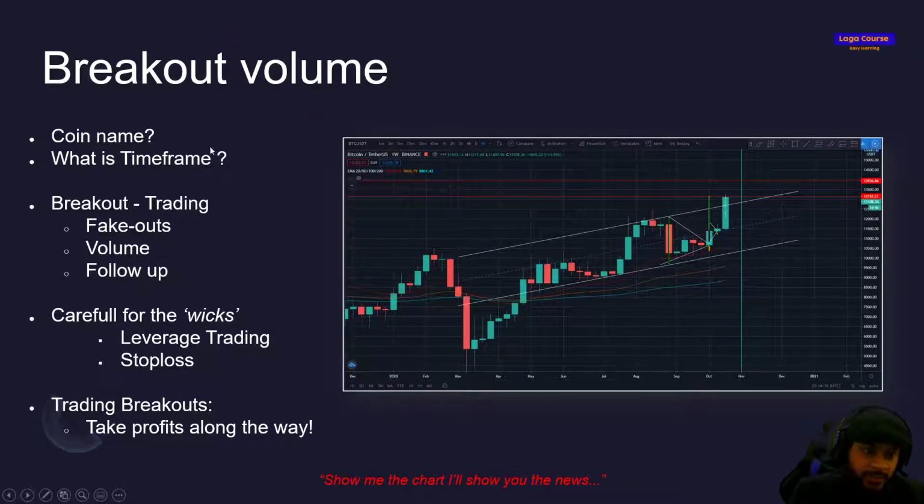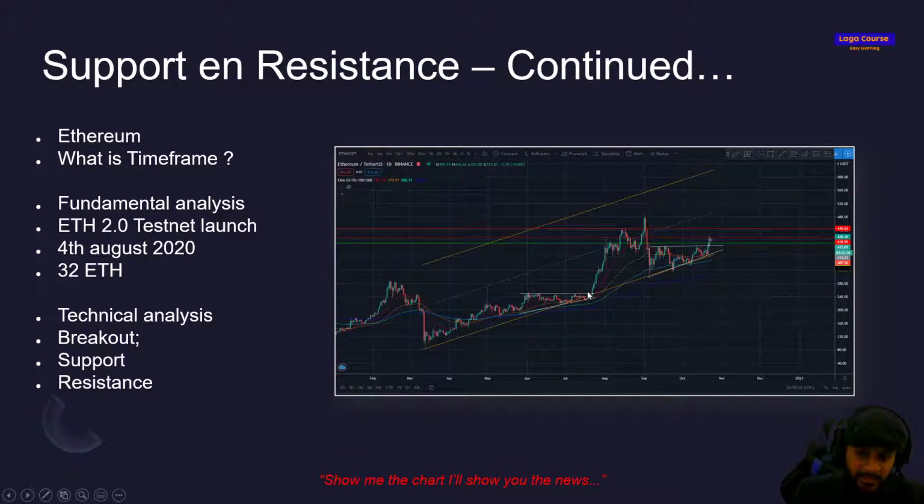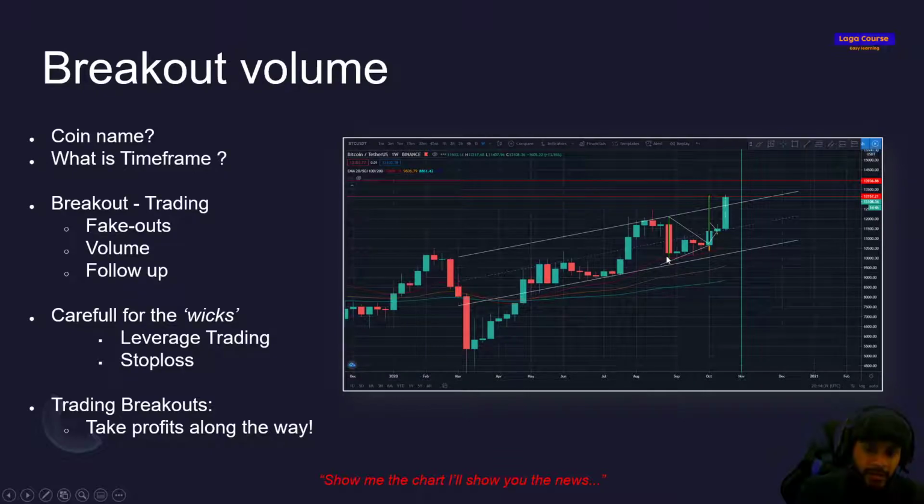The breakout volume. We can see that this chart displays Bitcoin. The collateral is USDT. The volume indicates that if a breakout is playing out, this is a breakout when it breaks the resistance line, we need a lot of volume to support this breakout. Volume indicates how many people are buying this asset right now.